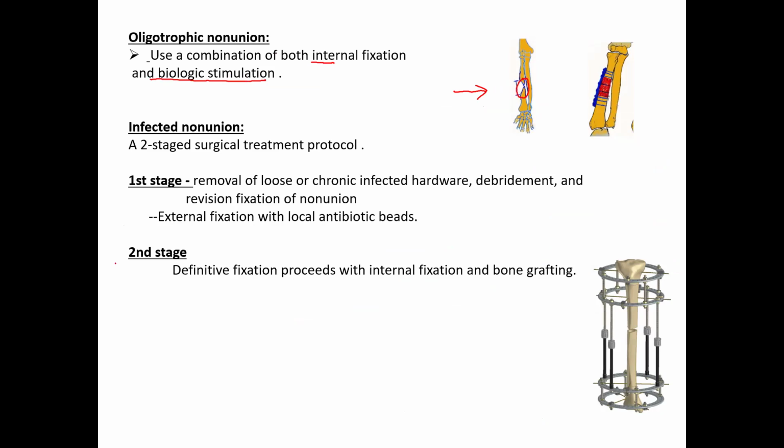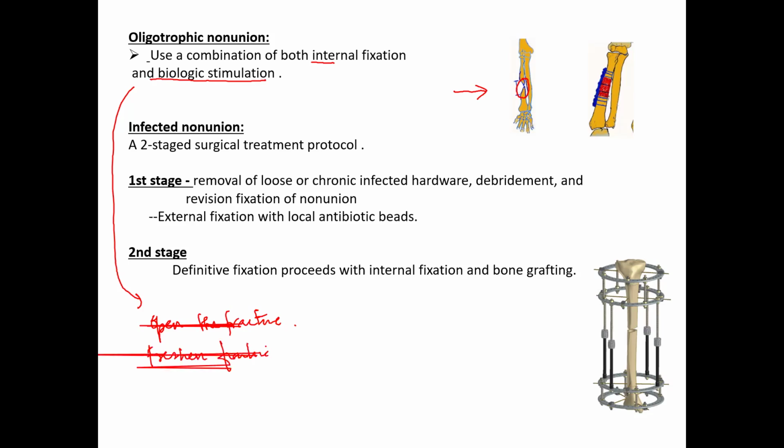So how will you describe it? We need to open the fracture, then freshen the fracture ends, remove fibrous tissue, remove dead tissue, that is fibrous tissue in between the fractures.